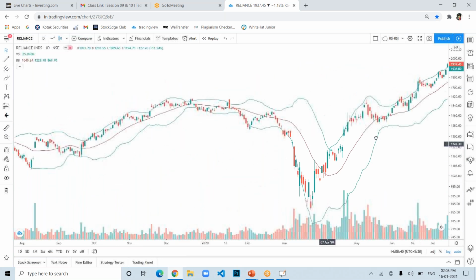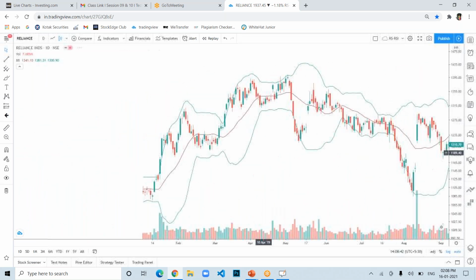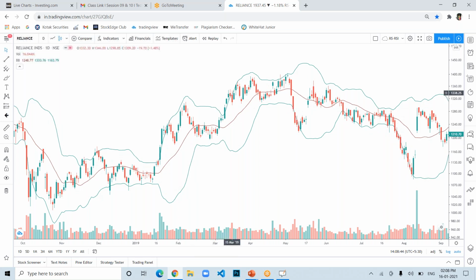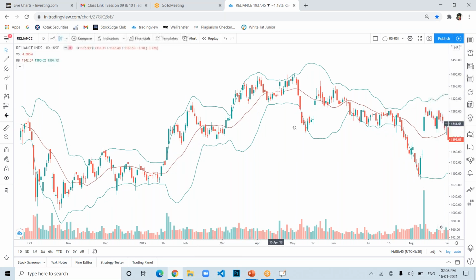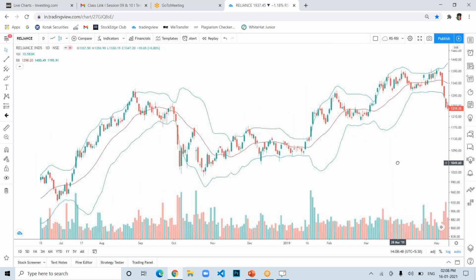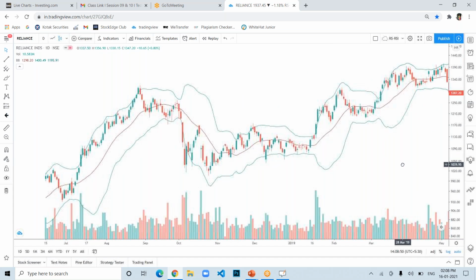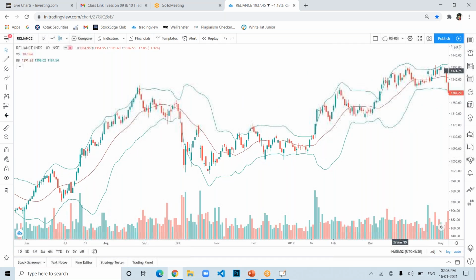Currently, Reliance is in a sideways trend, so no opportunity as such. Again here, look. This looks like an M, right?